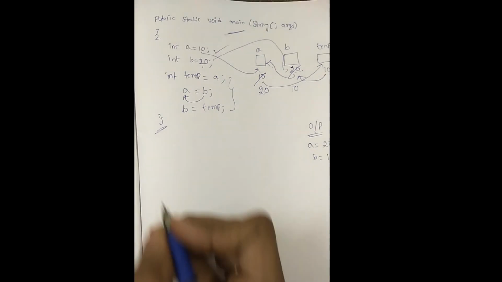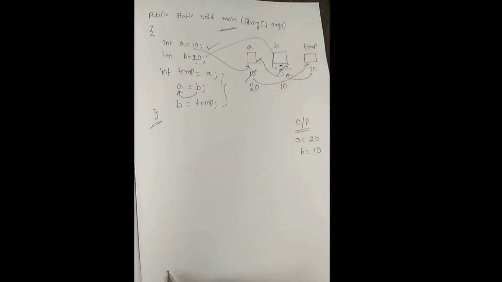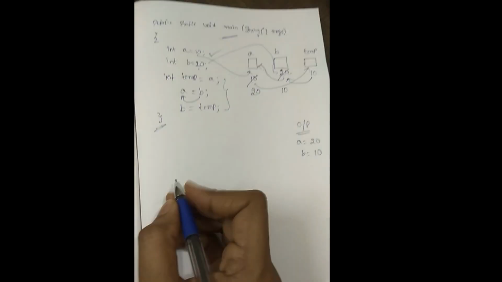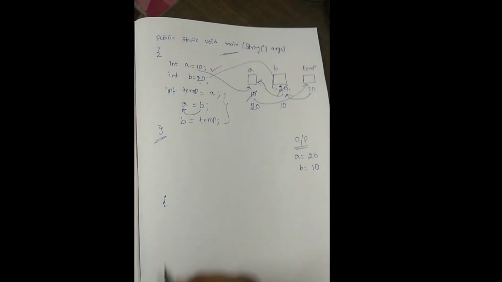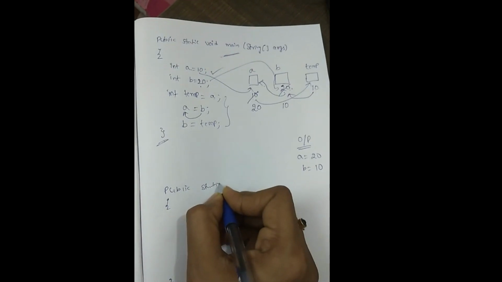Next, the same program we can write without a temporary variable. How to write it? Just public static void main.